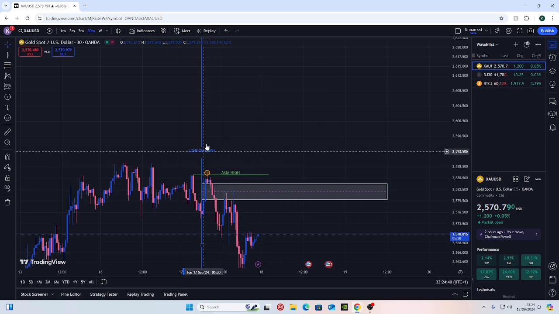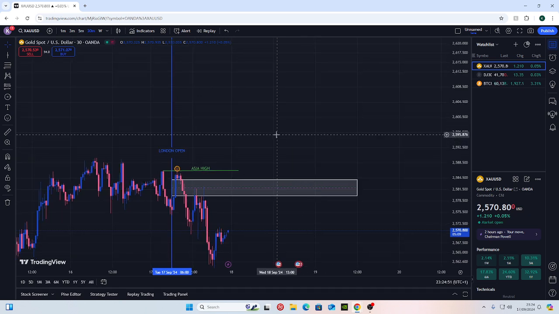And that could have been your first sign that we could get a market reversal. But you don't want to enter off that because you had no confirmation from the higher time frame. So when we went onto the higher time frame, we then got into it to see that, oh look, something's been swept, inverse fair value gap, entry off of there, boom, 1 to 2, 1 to 3.